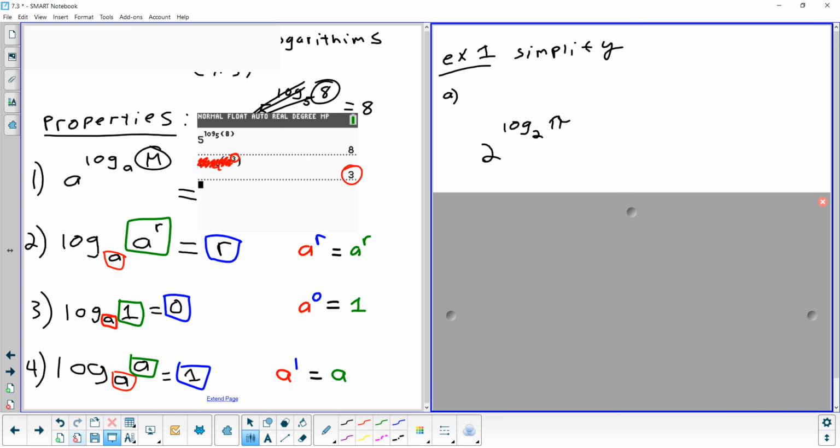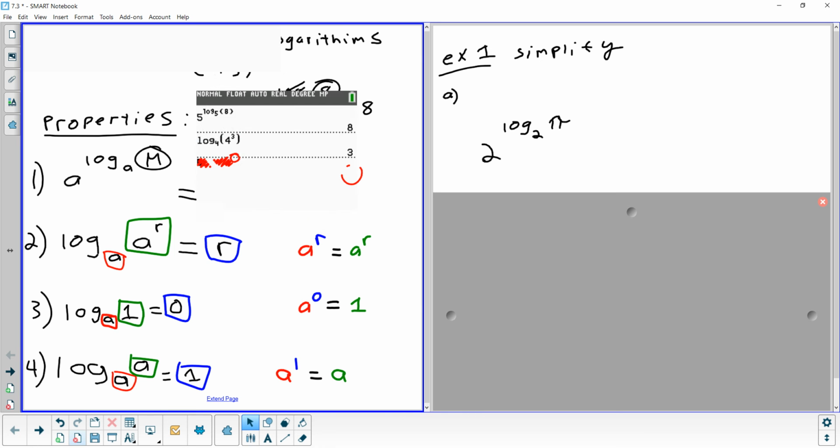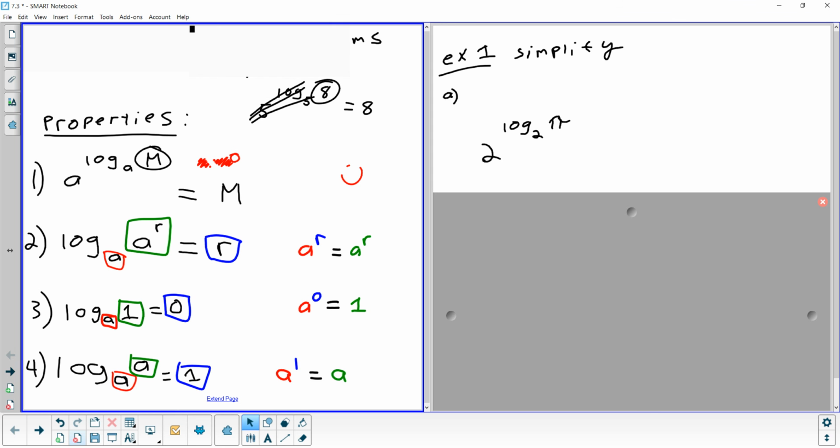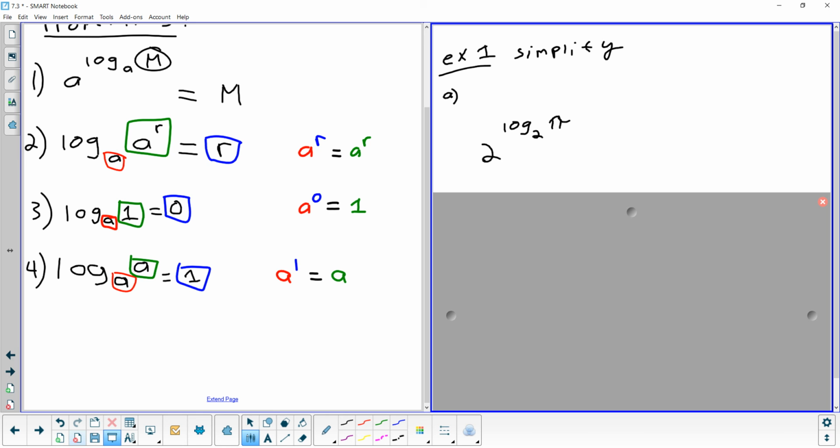Example 1a says 2 raised to the log base 2 of pi. What property does that one look like? Does that look like property 1, 2, 3, or 4? Yeah, 1. That is property 1, where you have a logarithm in the exponent, and the base on the log matches the base on your exponent.